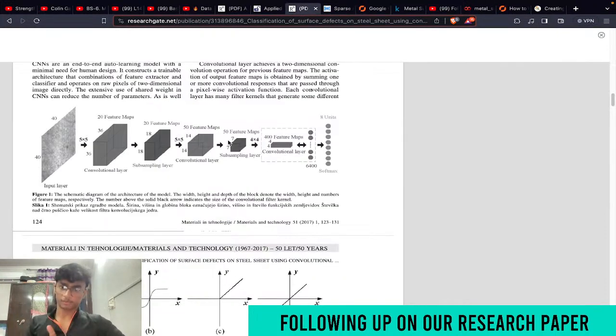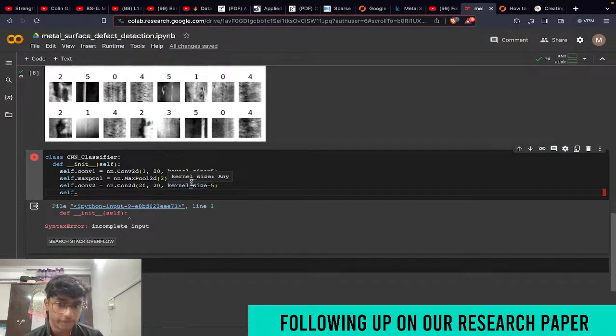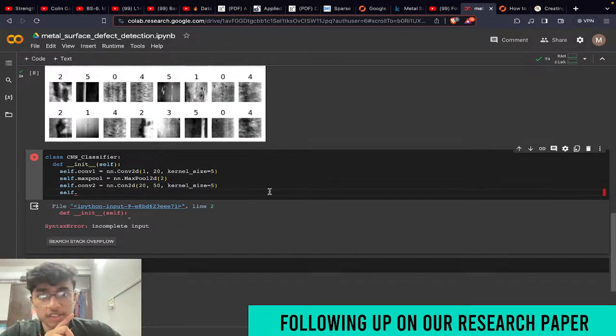And did I miss a step? This is the first convolution. This is the second convolution where we're going to 50 feature maps. We need a convolution on top of that, right? Why am I getting confused? Okay, so this is the first convolution layer, after which we apply a max pooling layer, after which we apply a convolution layer that converts it to 50. That's the mistake. And with a kernel size of 5.